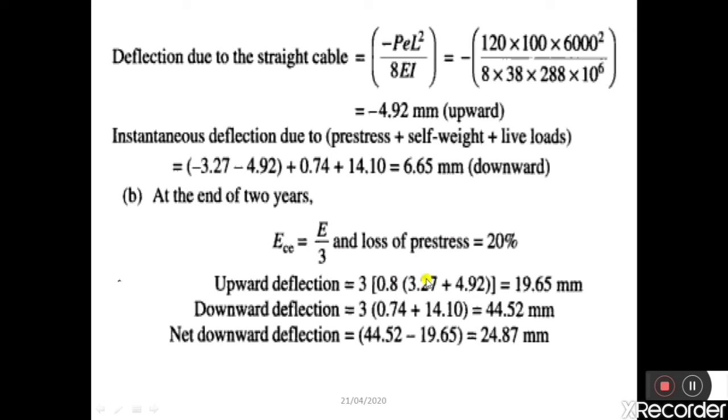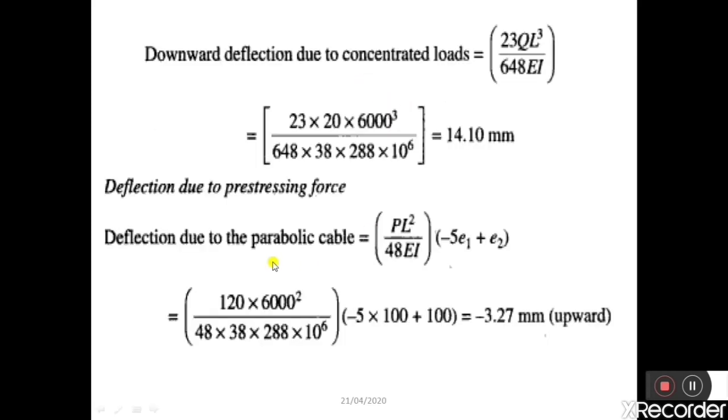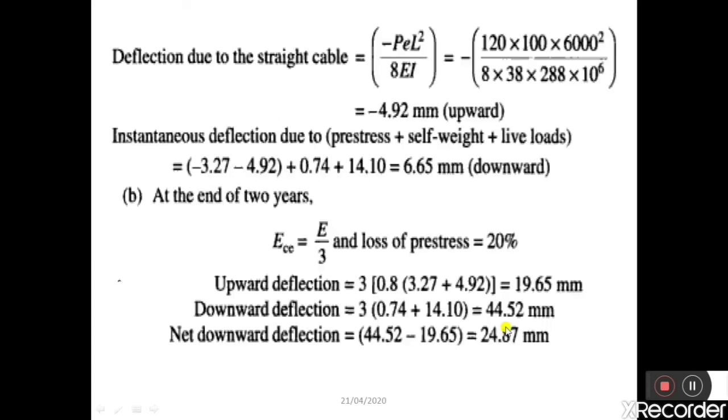So 3.27 is the deflection due to parabolic cable, and 4.92 is the deflection due to straight cable. So when the stress is 100%, the deflection will be 3.27 and 4.92. When the amount of stress in the cable is 80%, that is after 2 years, what will be the deflection?